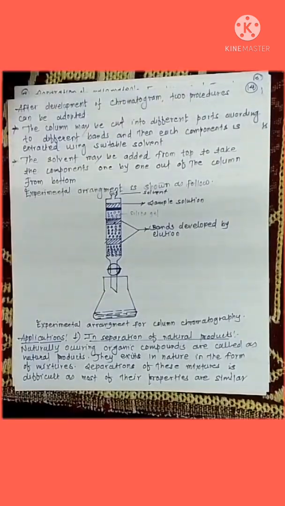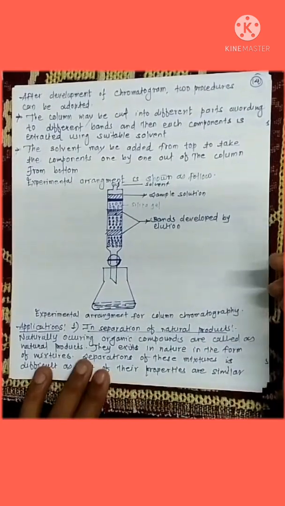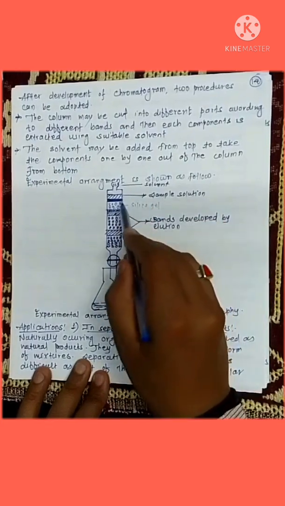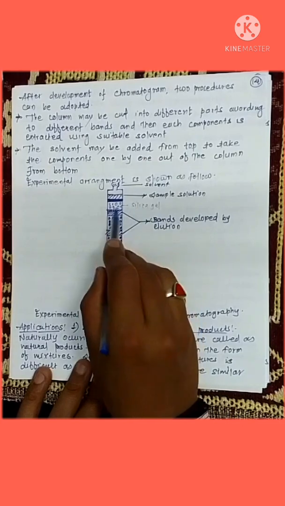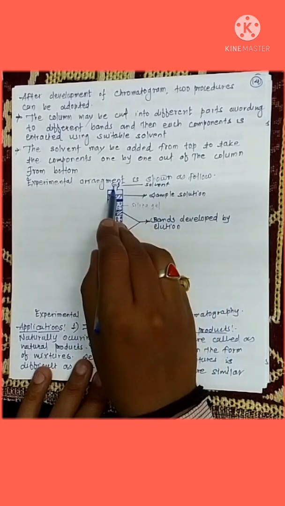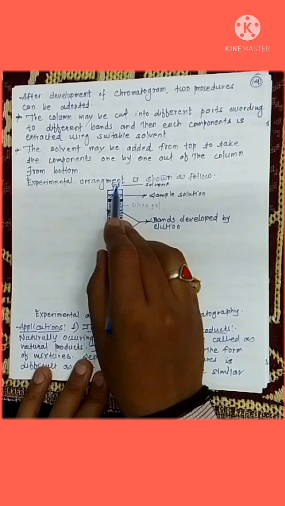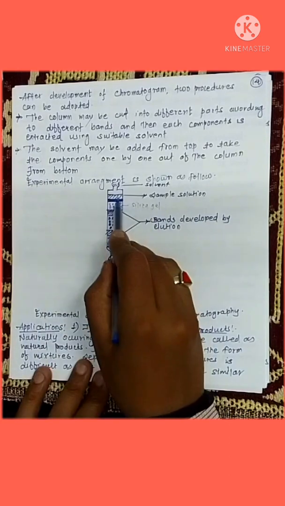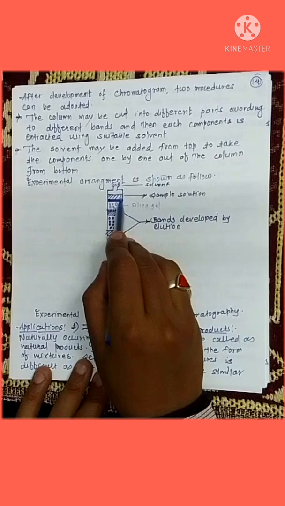After development of the chromatogram, two procedures can be adopted. So just see here, this is the diagram of column chromatography. Basically the column is packed with silica gel or alumina, and from the top, solvent is added regularly. This is the sample solution in which your mixture or components are dissolved.